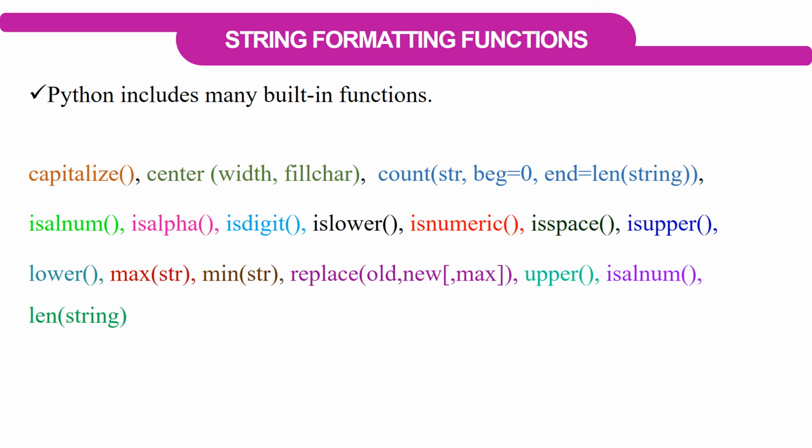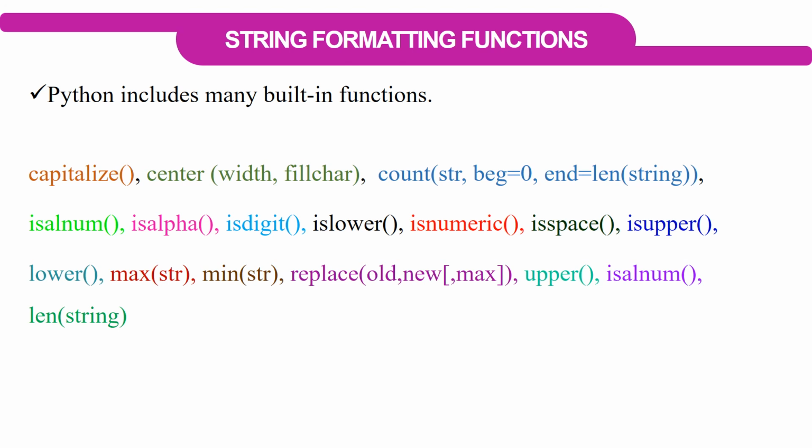Then islower: if there is at least one cased character and all cased characters are in lowercase, it returns true, otherwise false. Then isnumeric: if a Unicode string contains only numeric characters, it returns true, otherwise false. Then isspace: if the string contains only white space characters, it returns true.